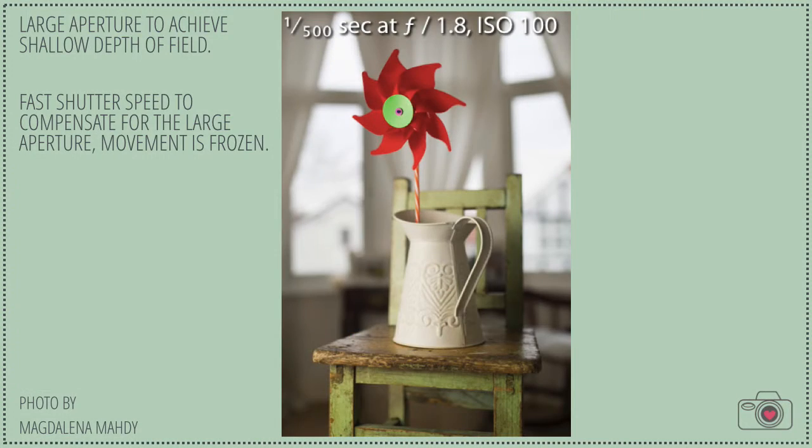So you can see in the image now, I created the scene with a shallow depth of field. I wanted to really make the subject stand out and have a lot of blur in the background. So basically, I had to use a very large aperture, which is obviously the very small f-stop number, to create that shallow depth of field.